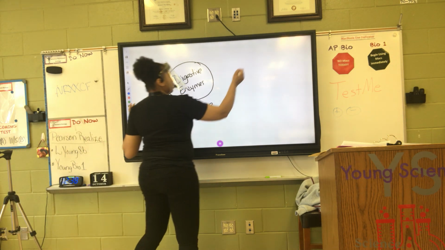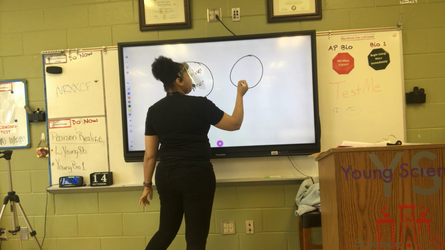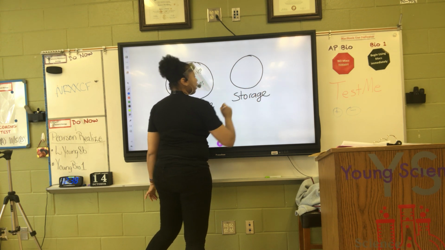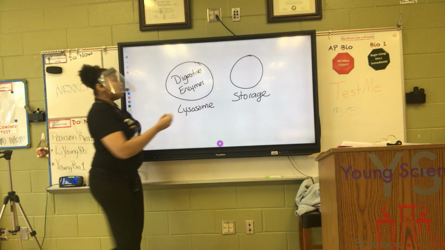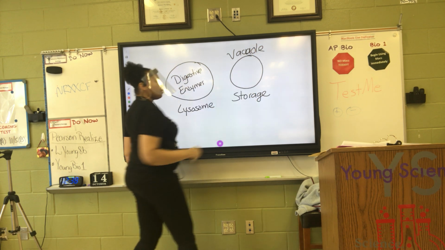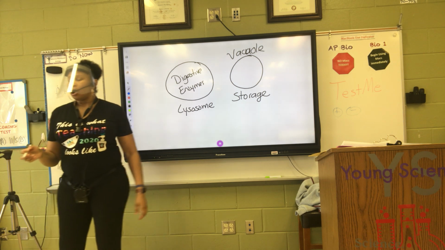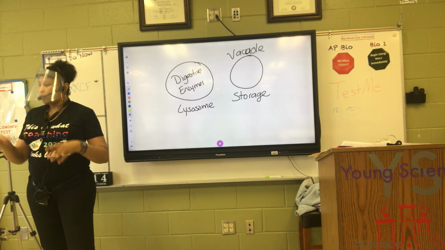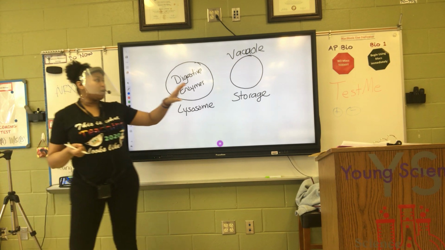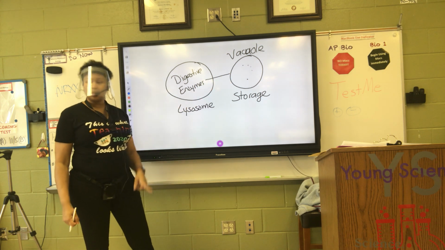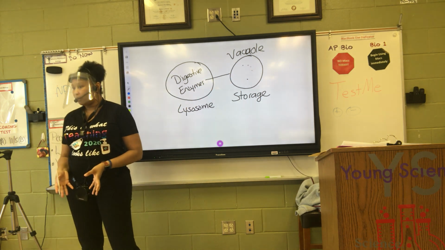Also to talk about vacuoles. Vacuoles' job is storage. They store water or waste or food particles. Okay? So a vacuole, there's different types of vacuoles. In animal cells, you'll have small vacuoles, which are like food vacuoles. And what a food vacuole would do is pick up the foreign object, fuse with the lysosome, so the lysosome can break it down.